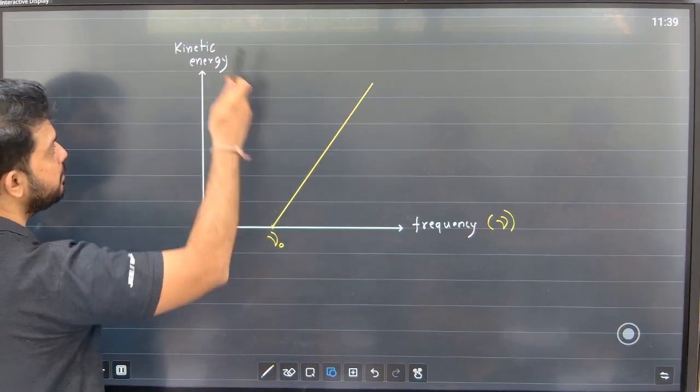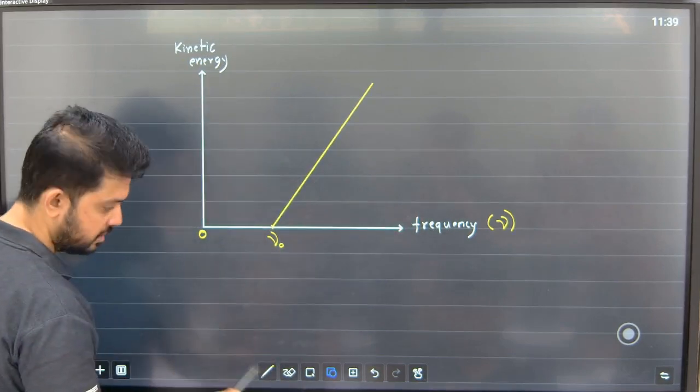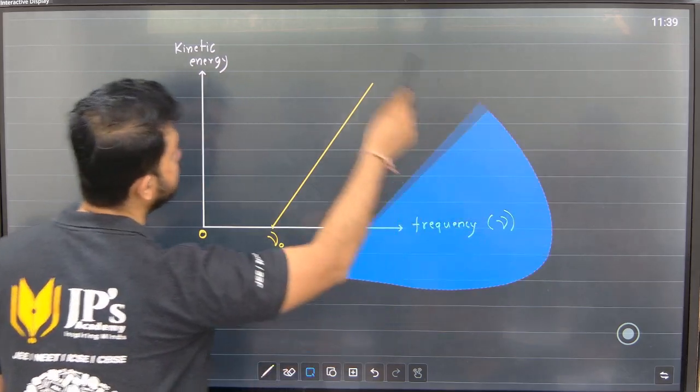What did we plot here? We plotted kinetic energy versus frequency.